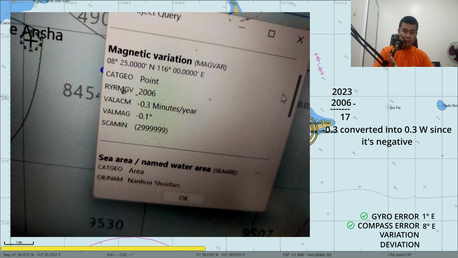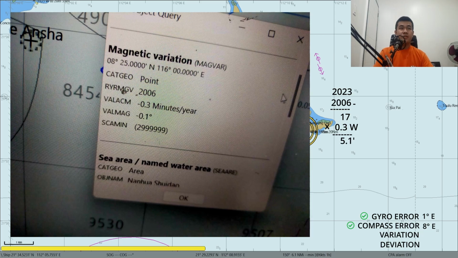Now we need to multiply 17 by 0.3, which equals 5.1 minutes. Now we need to convert the minutes into degrees, and in order to do that, we need to divide 5.1 minutes by 60, because 60 minutes equals 1 degree.